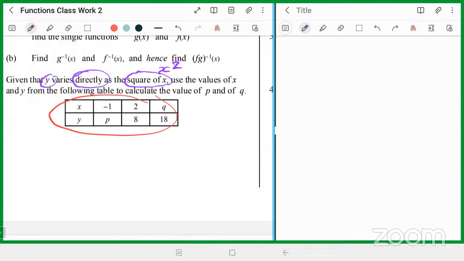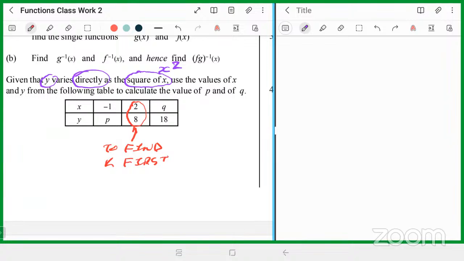In this table, that pair of known values happen to be these two middle values. And so we're going to be using these to find the k value first. That's the method that we're using to answer this question. All right, find the k value first.